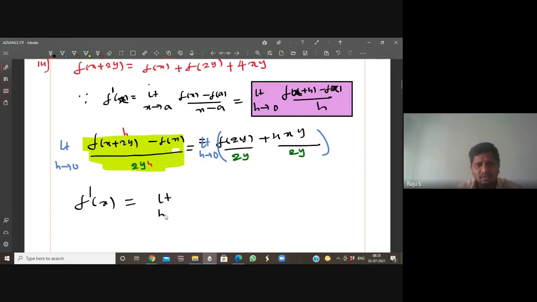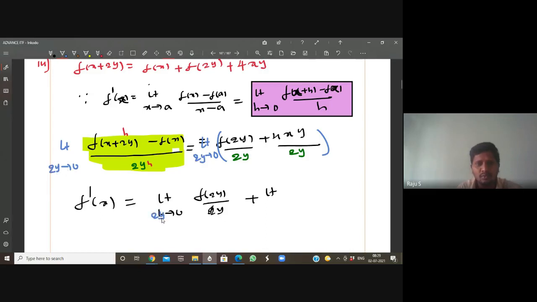On the right side, you should write the limit separately: f of 2y by 2y plus limit, sorry, here not h tends to 0. What is the h value? No one can identify. 2y tends to 0.